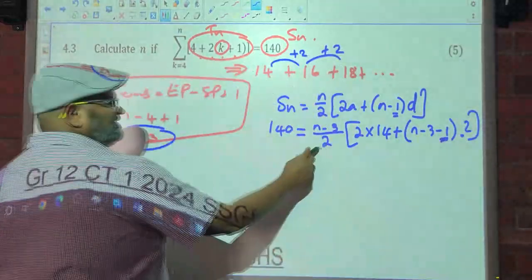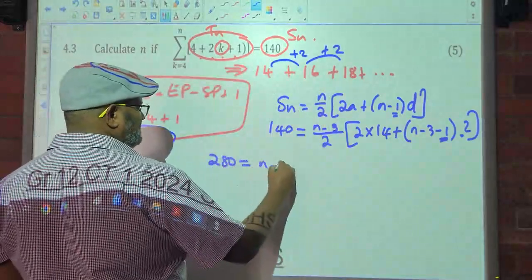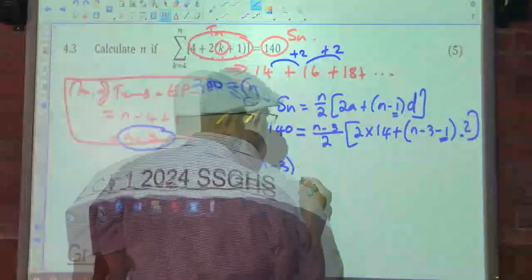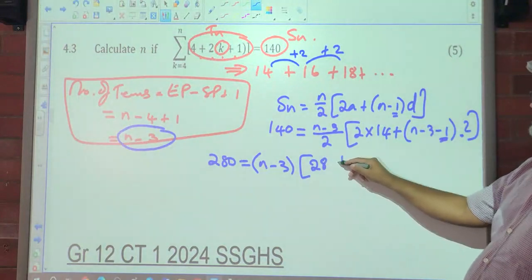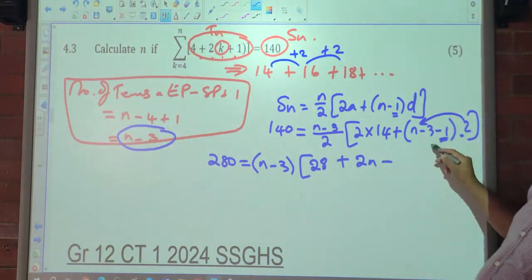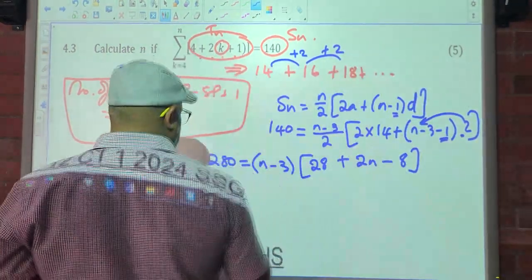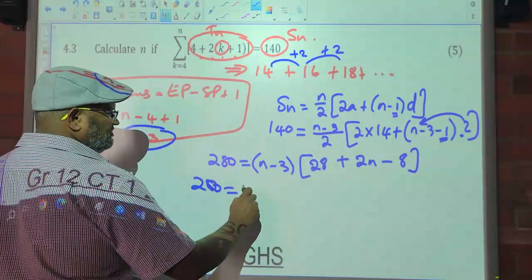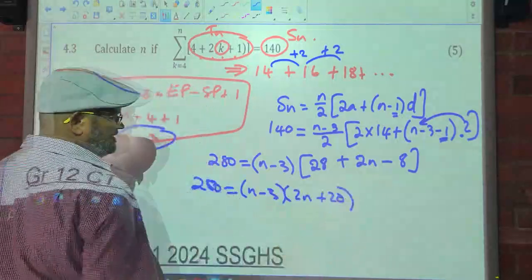Alright, so I cross multiply, get rid of this 2. I'm going to get, of course, 280 equals n minus 3. Of course, I must put that in a bracket because I'm multiplying now. I'm dropping the fraction. Into 2 times 14 is 28 plus 2n minus 8. Right, so that gives you 280 equals n minus 3 times 2n plus 20.